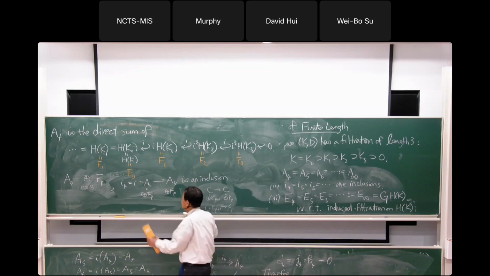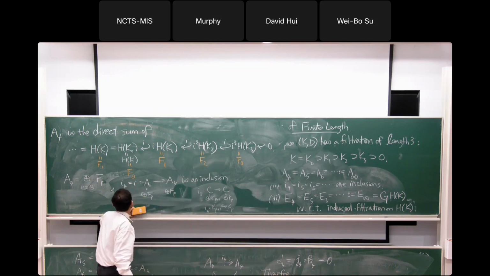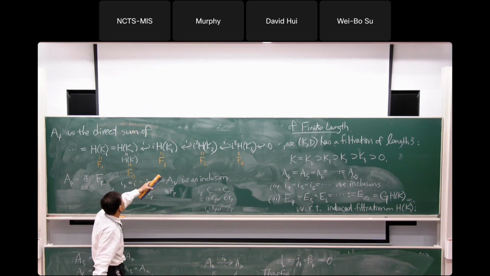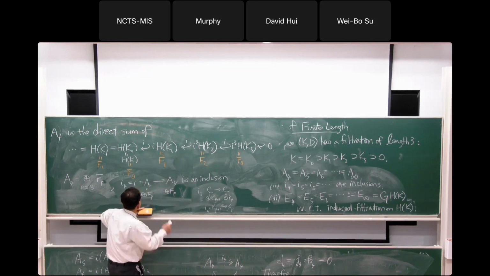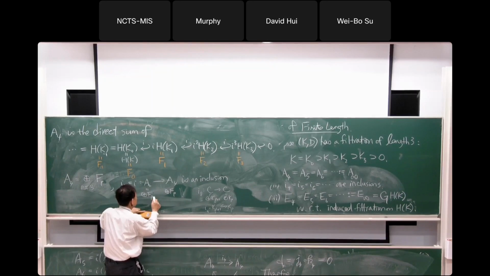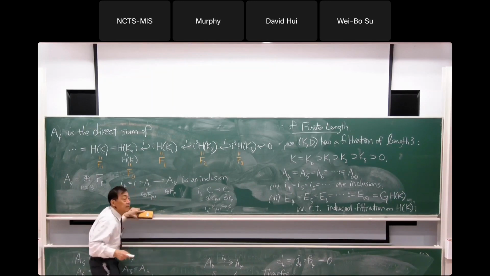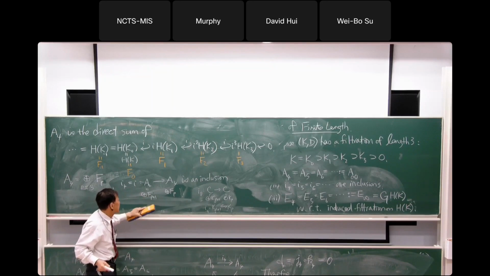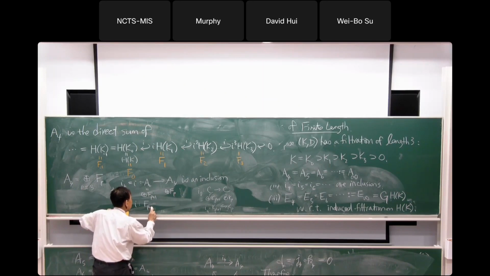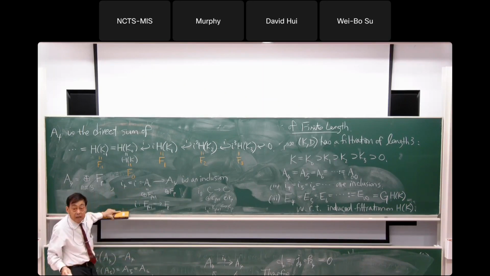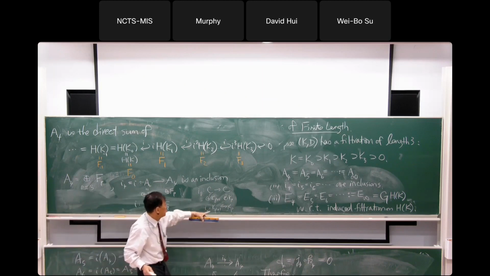Okay? And I is induced from this. So you should write this K1 as F sub Kp plus 1. It's the same thing. And I actually sends F sub Kp plus 1 to F sub P, because it's induced from this.